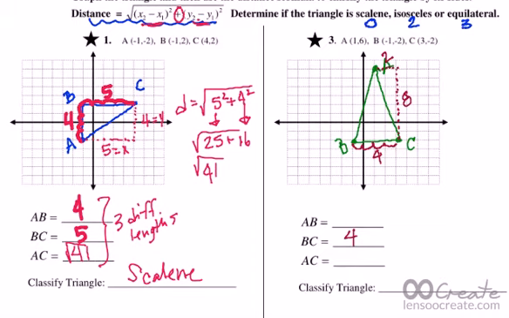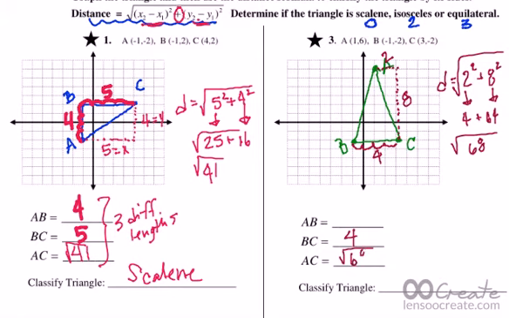Remember, we can use our distance formula, which is 2 squared plus 8 squared, and square root of that. 4 plus 64 is 68. So from A to C is the square root of 68.